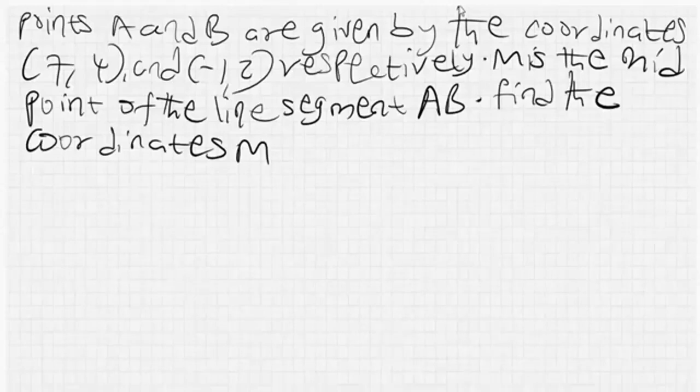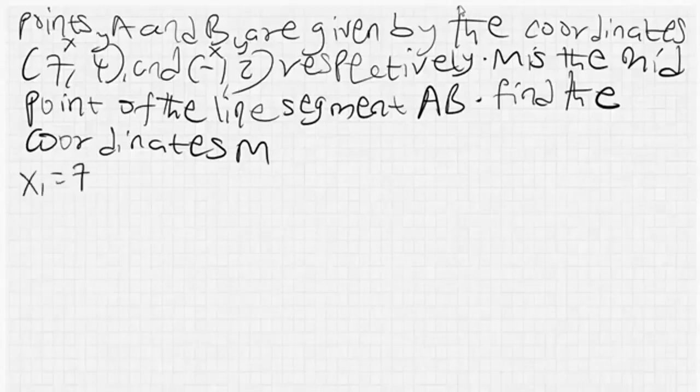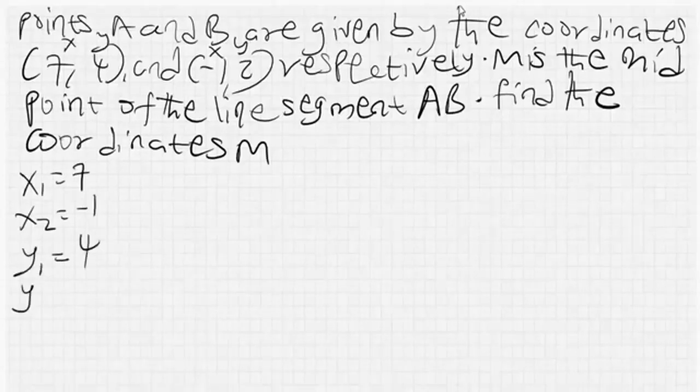Now, to get the midpoint, the coordinates of M, what we're going to do is add the points of X and divide by 2, and also add the points of Y and divide by 2. As usual, these are X, these are Y, these are X, these are Y. That means here our X1 is 7, our X2 is -1, our Y1 is 4, our Y2 is 2.